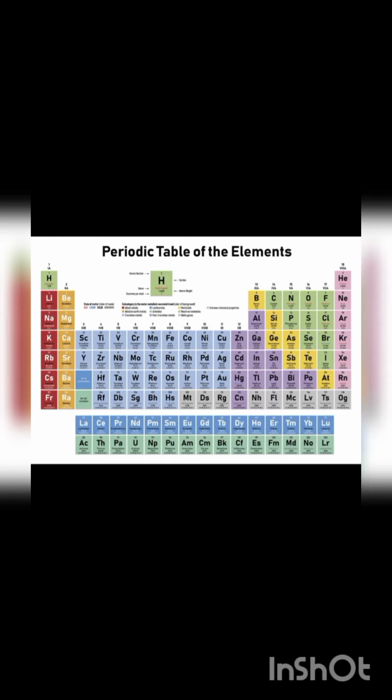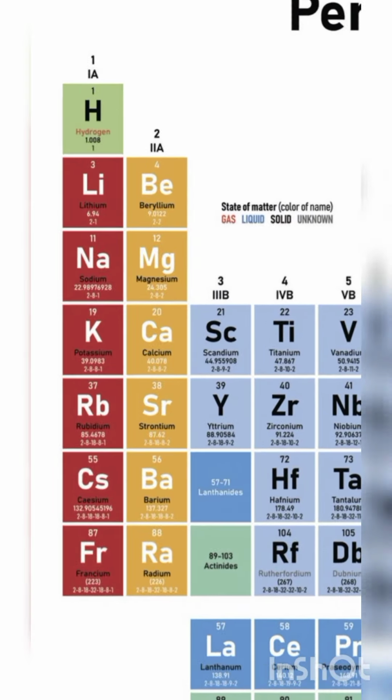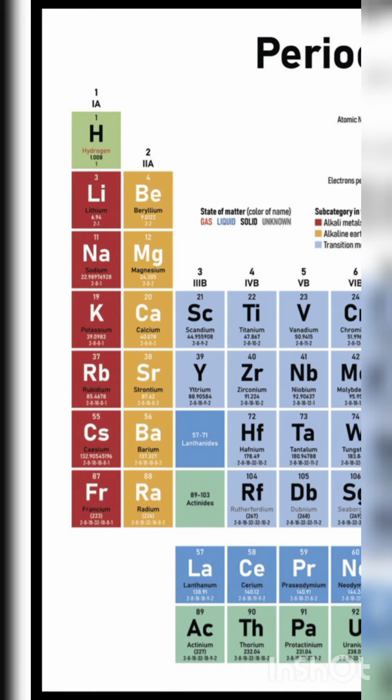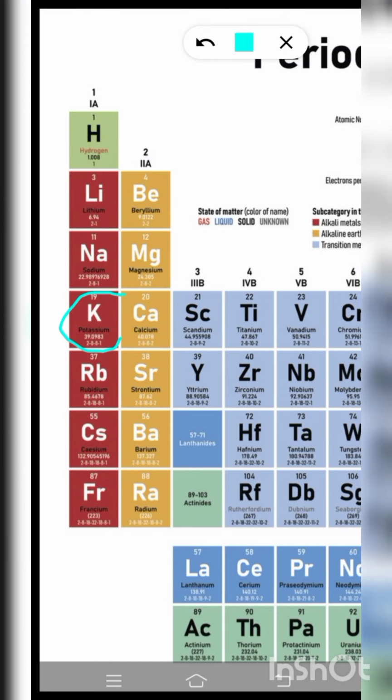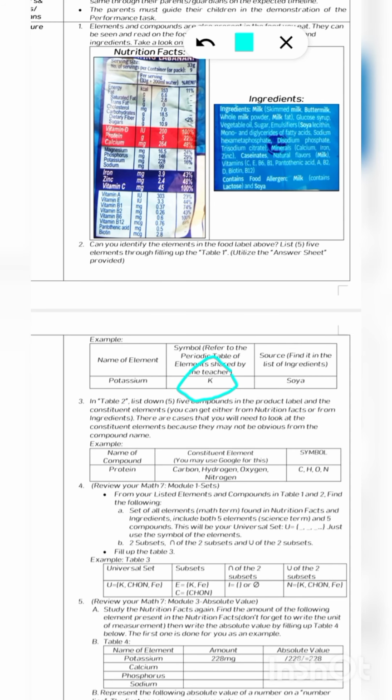So, this is your periodic table of elements. So, hahanapin lang natin si potassium. So, andun si potassium. Andito si potassium. So, ang symbol niya is itong K. Yan, K. So, isulat nyo lang po siya dito like this.